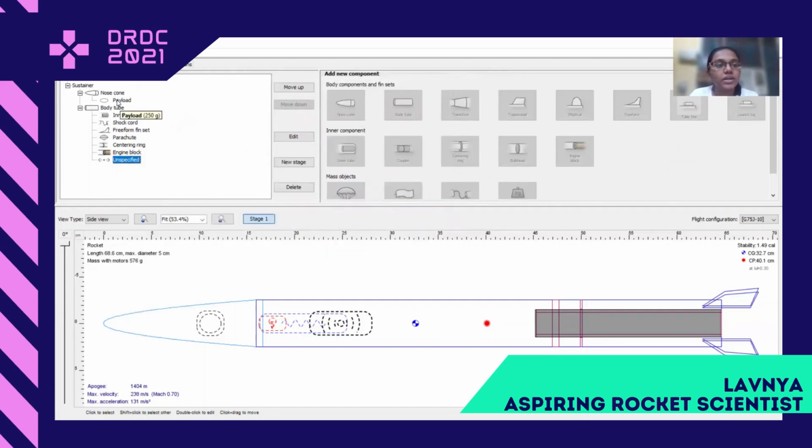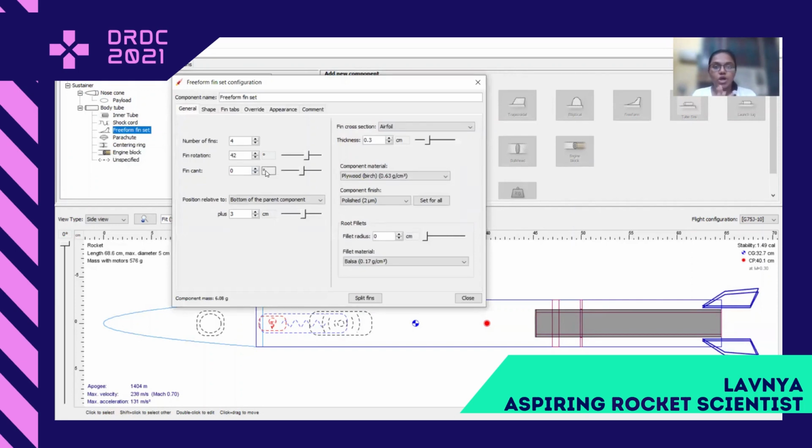Next, we'll give a thought to the freeform fin set. Most model rockets are designed with balsa as the fin component. Sometimes we want to make innovative things, so I came up with plywood, because it is also a wonderful type for this kind of model rocket, and for the fillet material I have used balsa.